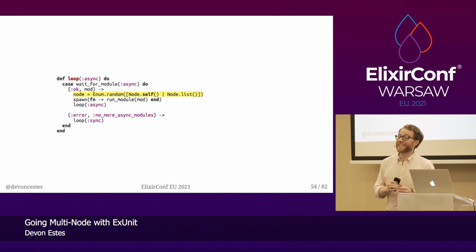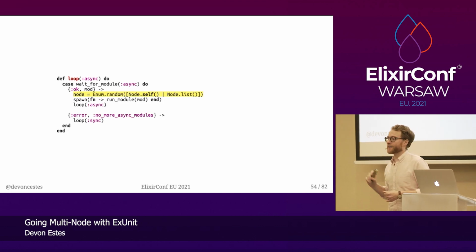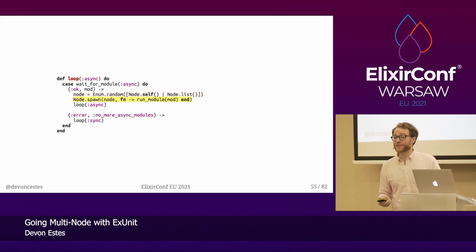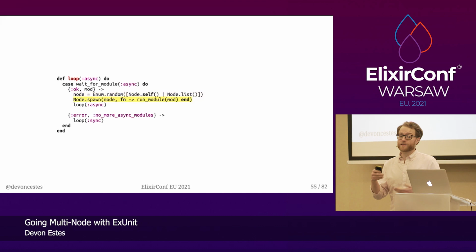But we're just going to pretend that this gives us a random node every time we call it, and that we're just going to do the most naive way possible of letting randomness distribute it. And so we get that node, and then, like I mentioned earlier, we change spawn into node.spawn. And that's kind of it.